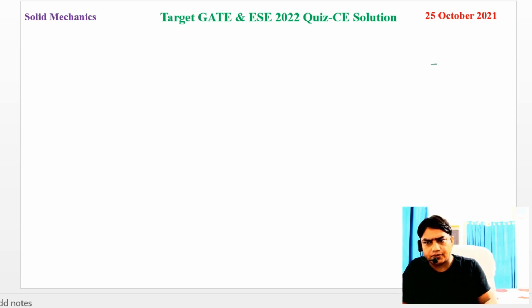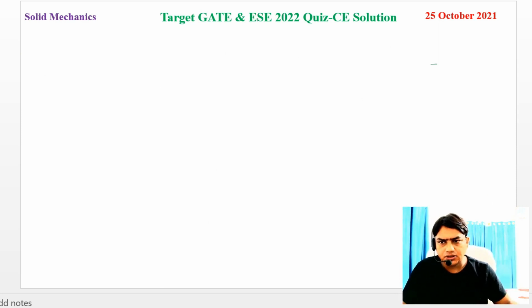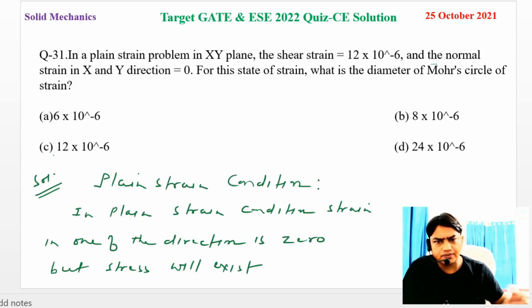So now I am taking the problem. In a plane strain condition, plane strain means strain in any one of the directions is 0, but stress in that direction is not equal to 0, and the normal strain in x and y direction is 0.